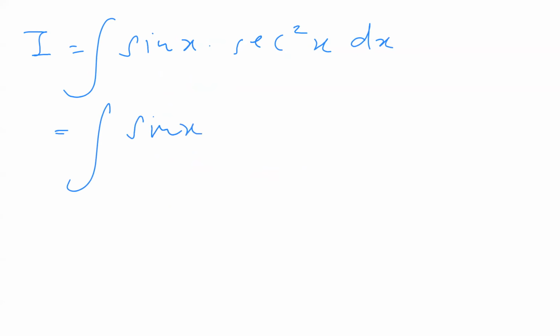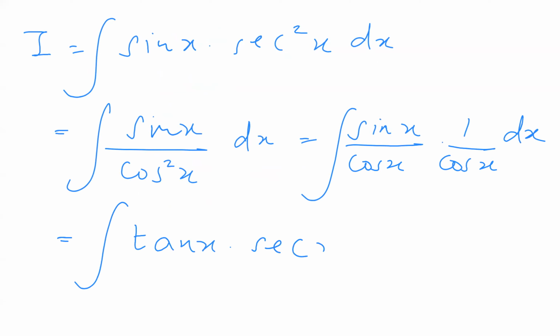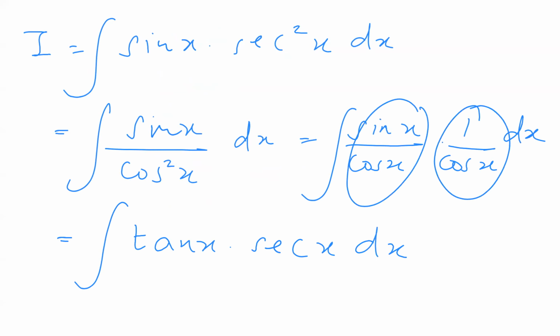Sin x upon cos square x dx. Sin x upon cos x, 1 upon cos x dx. So this is tan x into sec x dx. This becomes tan x and this is sec x. So this is sec x tan x. I'm just reversing the order.